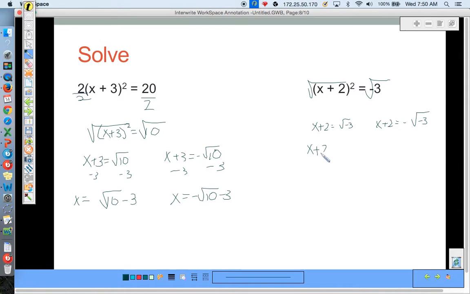So that's x plus 2 equals square root of 3 times i, because i is the square root of negative 1. So x plus 2 equals negative square root of 3 times i. And if you don't remember the i business, don't worry too much about that. We'll go over this again. Just for some of you who are wondering about the negative, I wanted to remind you of that. We have those imaginary numbers. So subtract 2, and x equals negative square root of 3 times i minus 2.